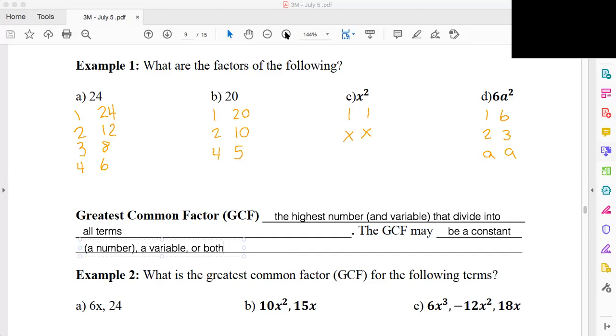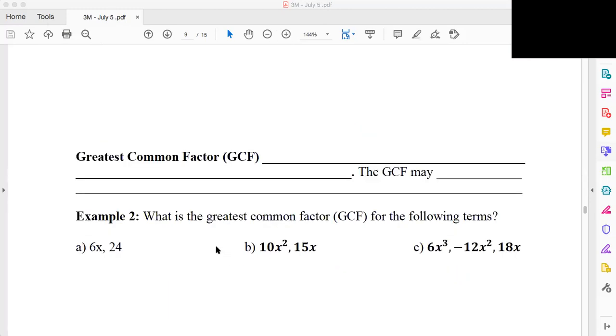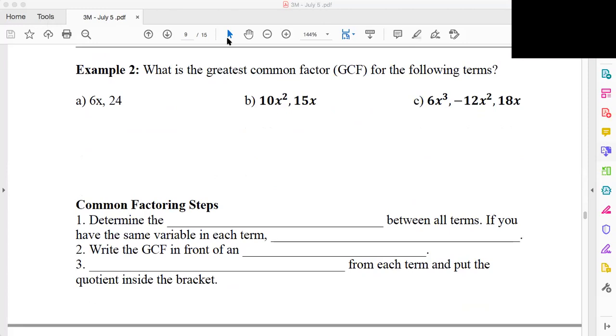Okay, so I'm going to clear this and we're going to look at example 2 here. We're going to find the common factor for 6x and 24. Here we look at the number again, the coefficient. For 6, we have 1 times 6, and 2 times 3, and we just have one x.